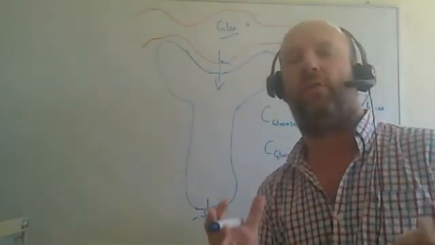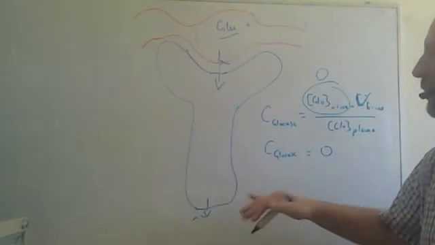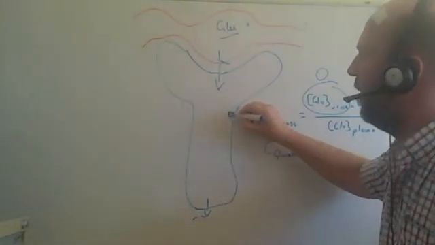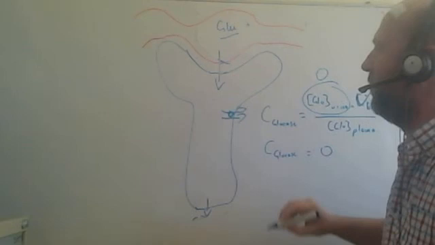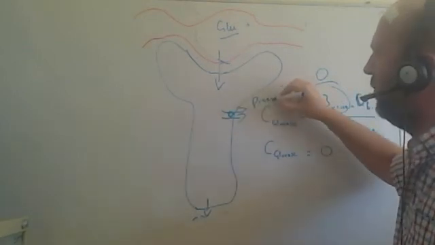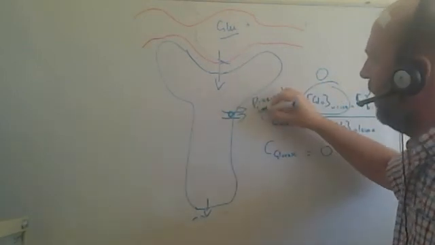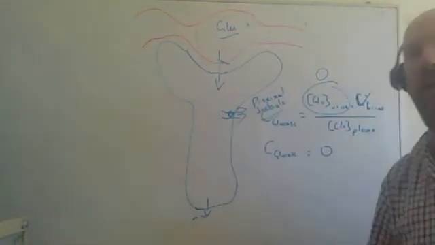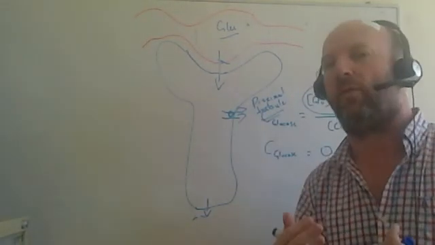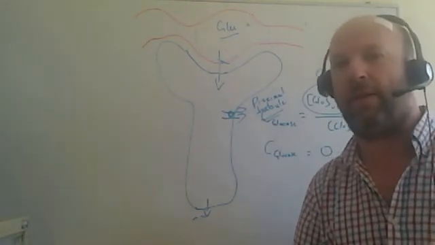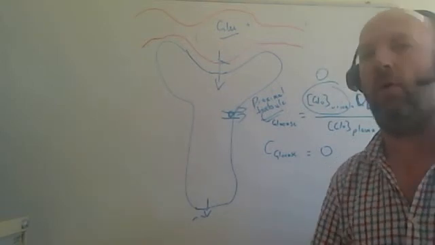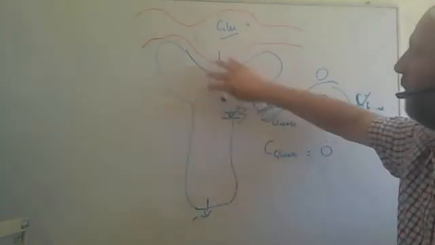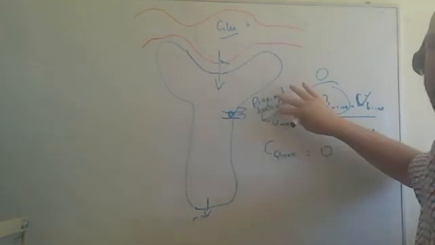Now, why should someone's concentration of glucose in their urine be 0? Well, because of course we know that we have massive reabsorption of glucose in the proximal tubule of the kidney. And as long as everything is functioning normally and the person does not suffer from hyperglycemia, or they're not diabetic or so on, then you would not expect to see any glucose pass by the proximal tubule without being reabsorbed.